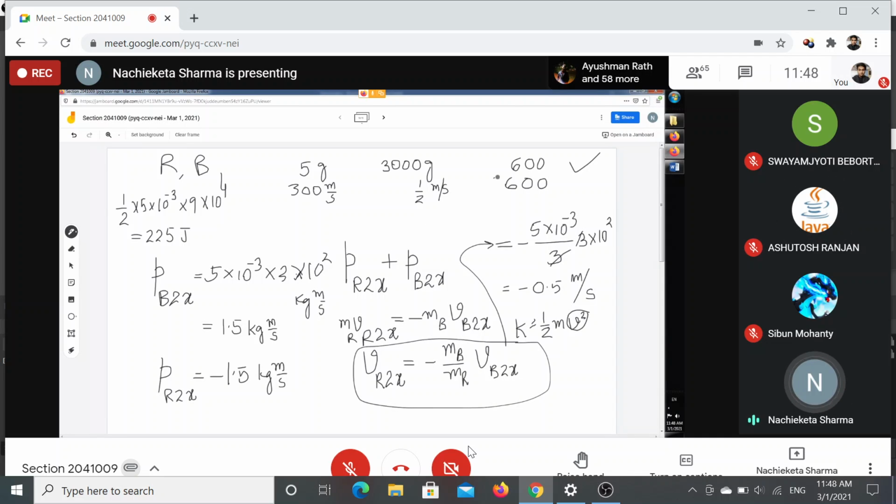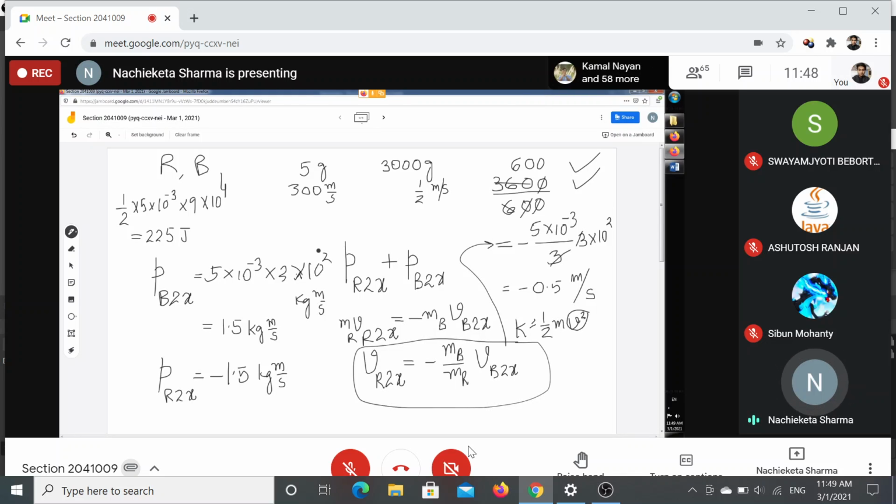So 600 square means 360000 times more kinetic energy the bullet will have compared to the gun. But already the gun has 600 times it has achieved in comparison to the mass. So 360000 divided by 600, finally the bullet's kinetic energy must be 600 times more than the kinetic energy of the gun.